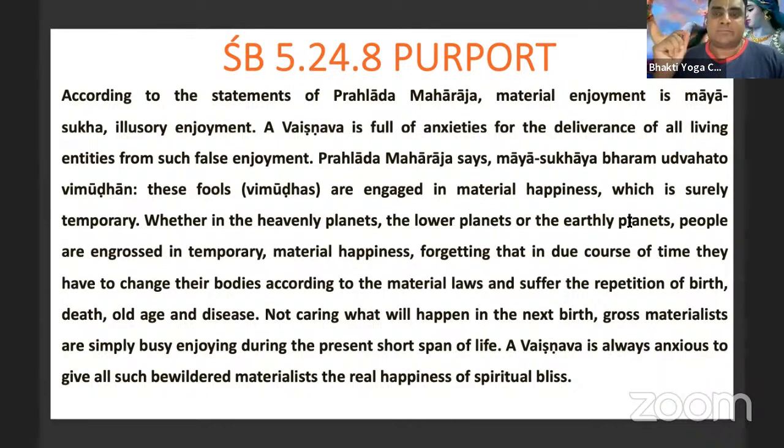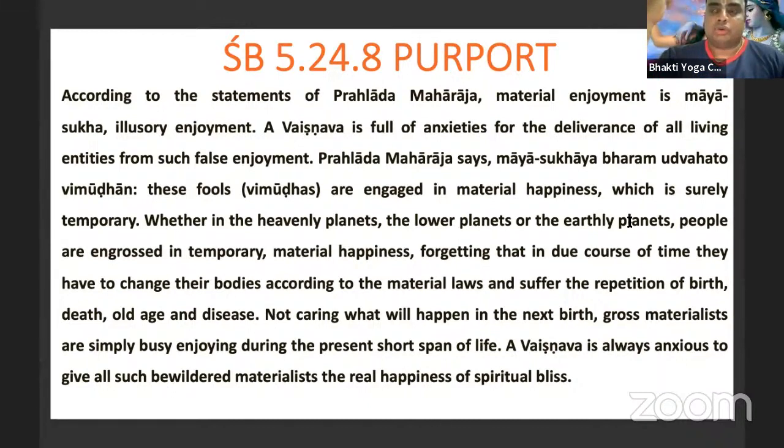But the difference is that those who are in Divya Swarga might get the association of devotees or the advanced sages in the upper planets, like beyond Swargaloka, Maharloka, Janaloka, Tapaloka, and even Satyaloka.